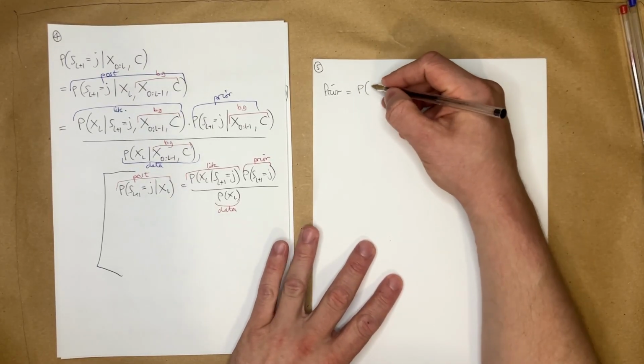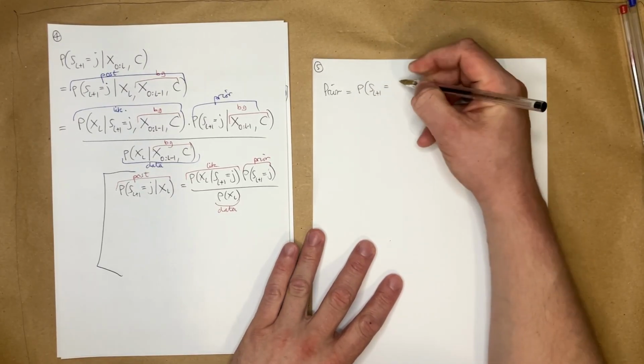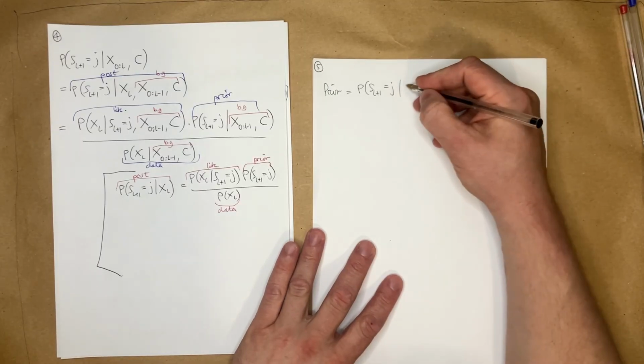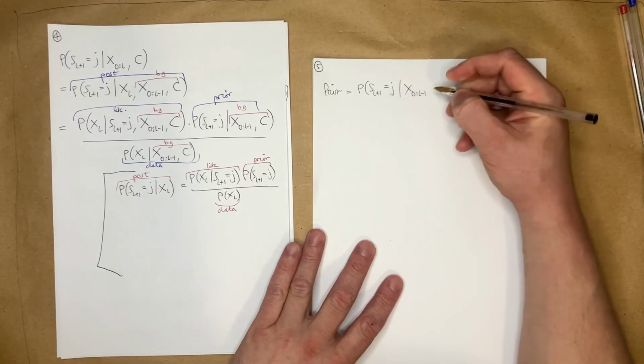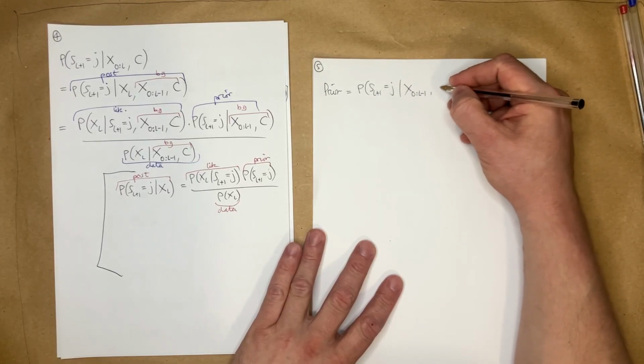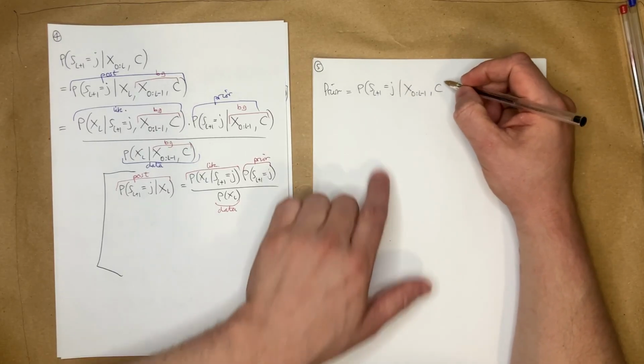So I've got the probability of S L plus 1 being equal to J, conditioned on the sequence 0 to L minus 1 and C. Again, this is just background information.